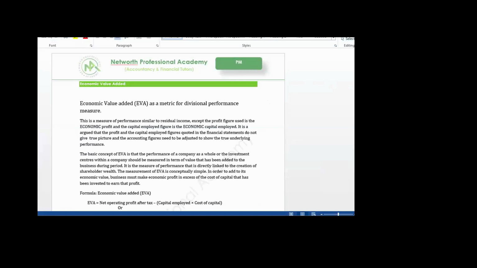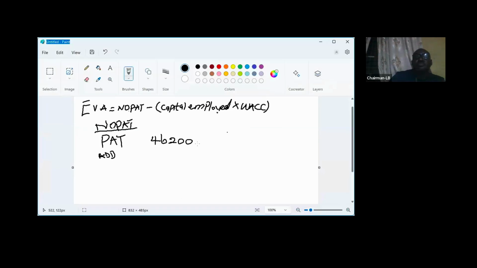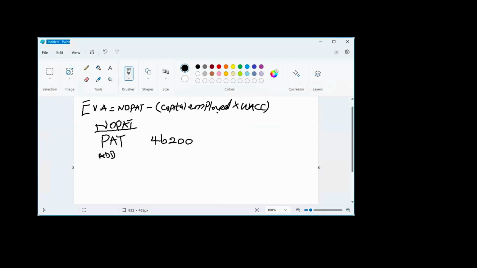No, they just say it's equal to economic depreciation. That means we don't need to adjust anything as far as that is concerned. I don't need it. How about your finance costs?